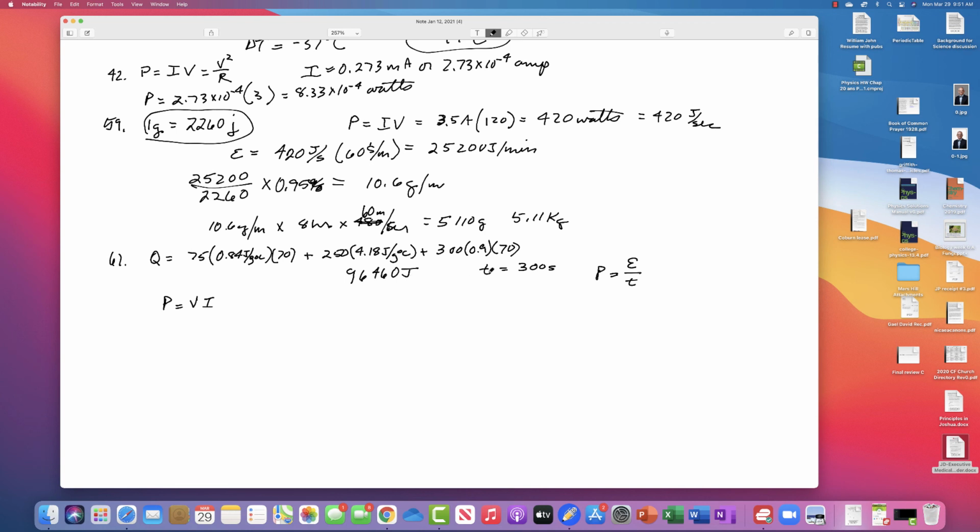If you put that in there, it's 96,460 divided by 300, and so the watts you're going to need are 322 watts. And I is equal to P over V, which is 322 divided by 12. So you need a current of 26.8 amps in order to pull this off. I'm going to stop at this point.